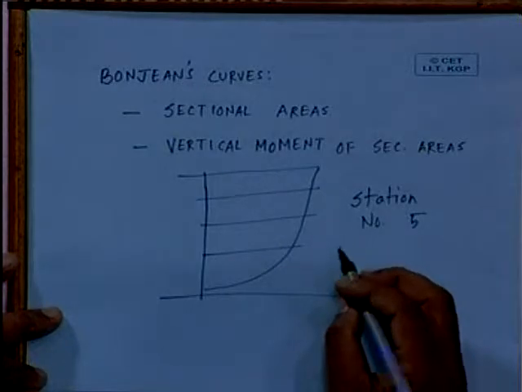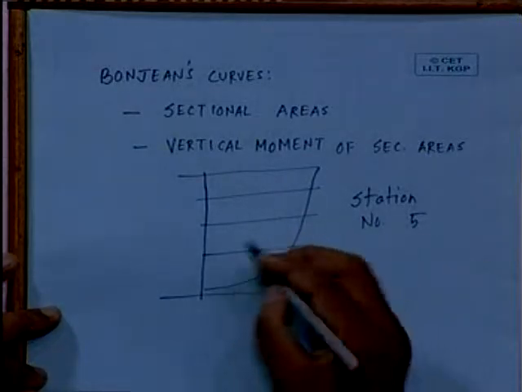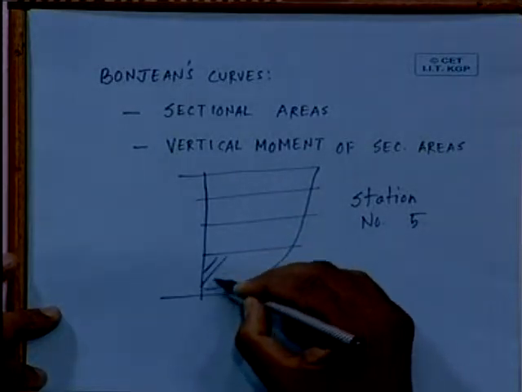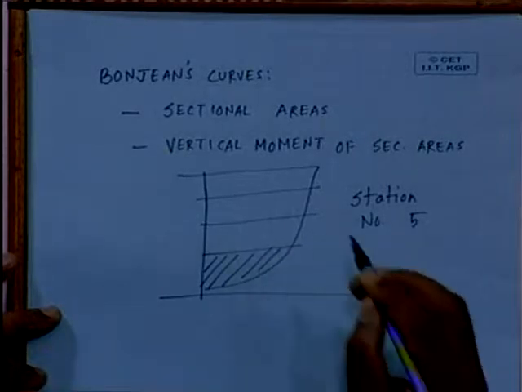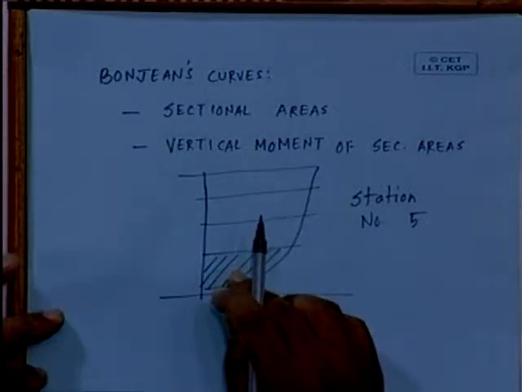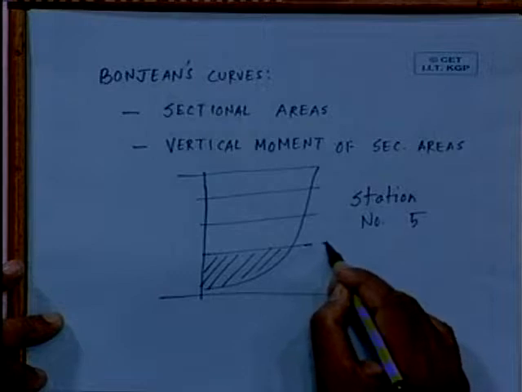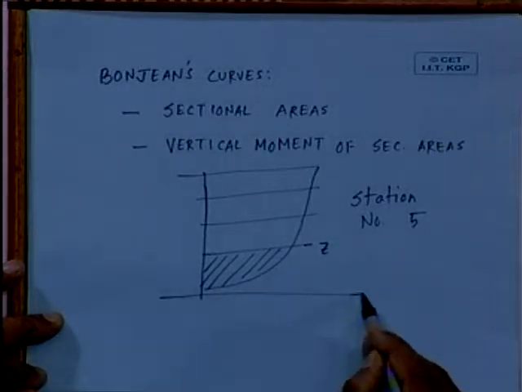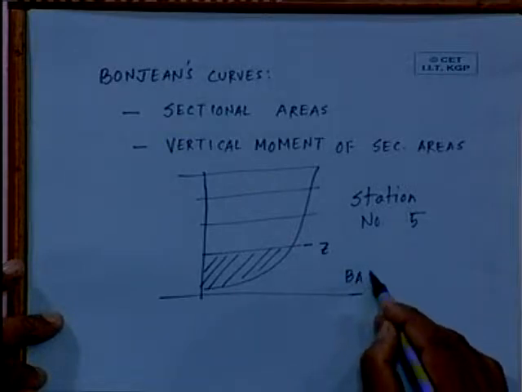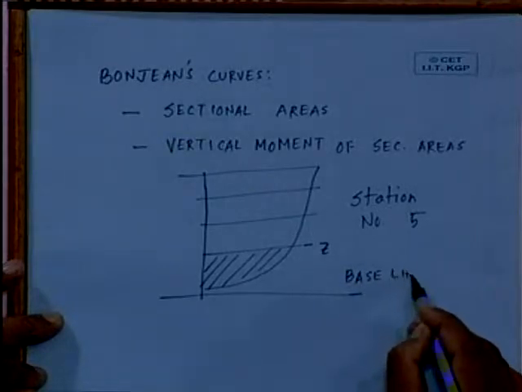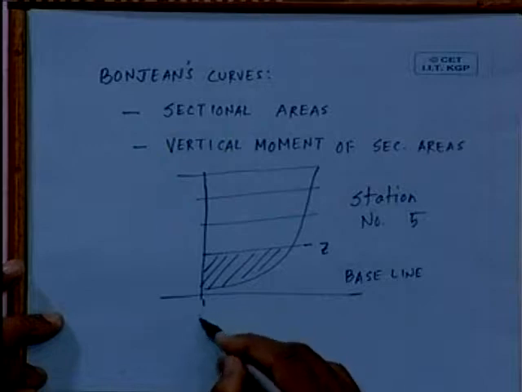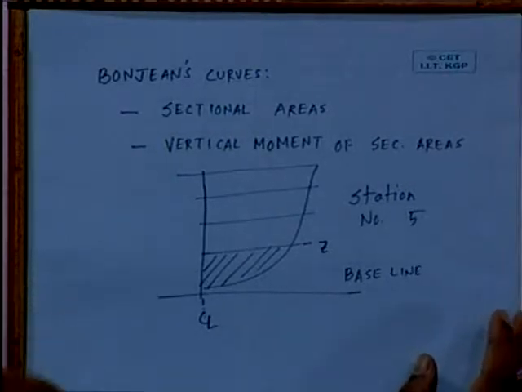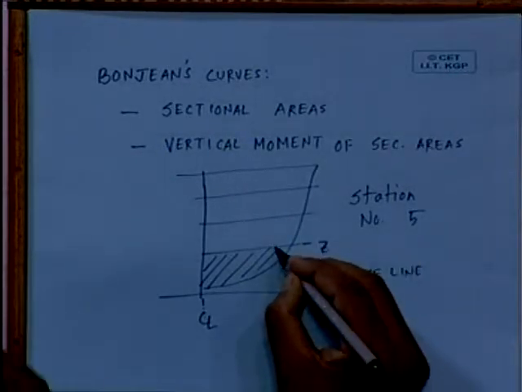What we need to do is find out areas of this for different water line z's and moment of this about the baseline. This is my baseline. This is what we call center line. So supposing this is my y.